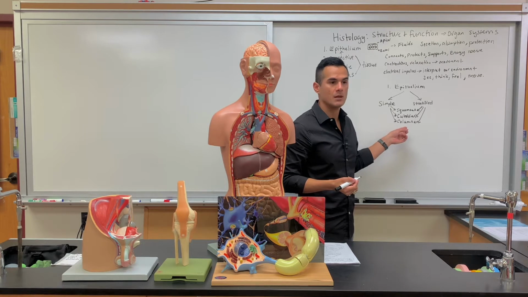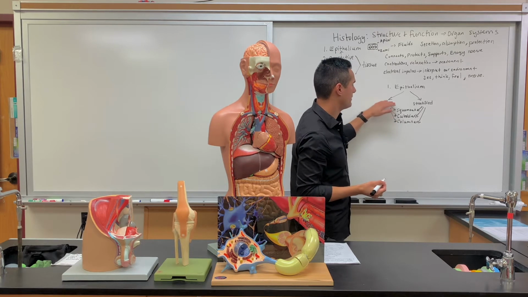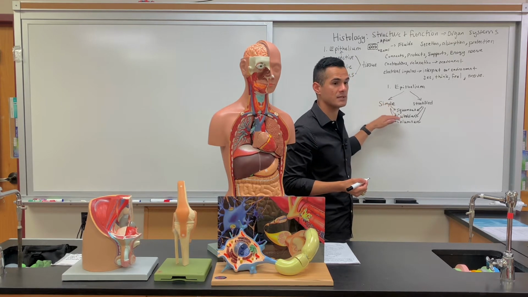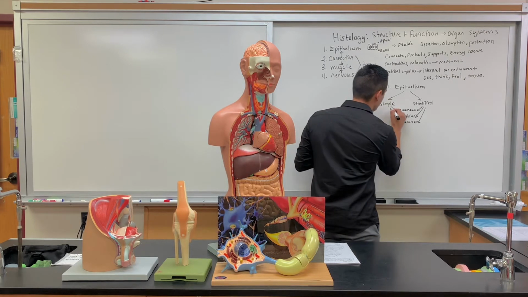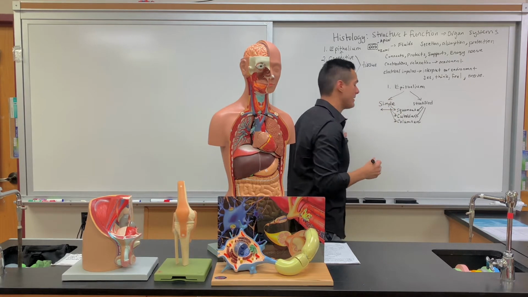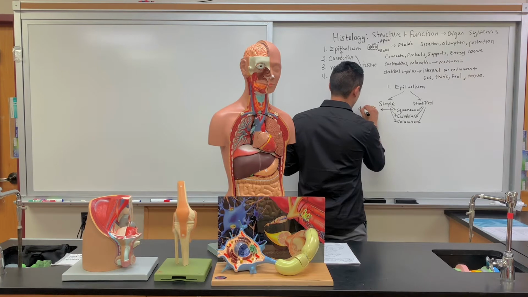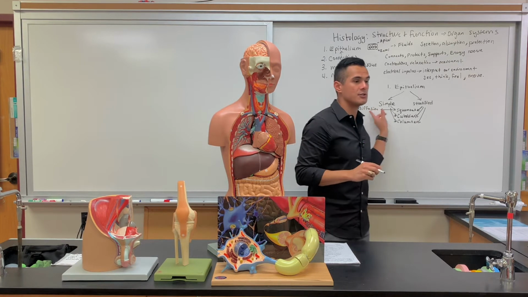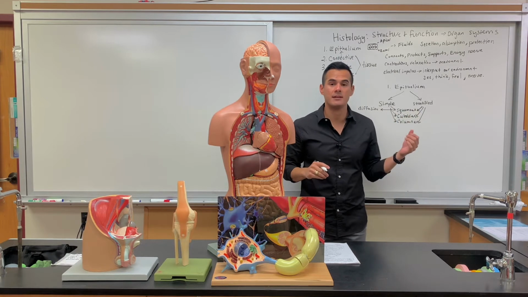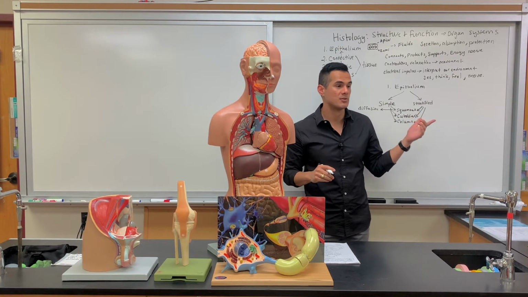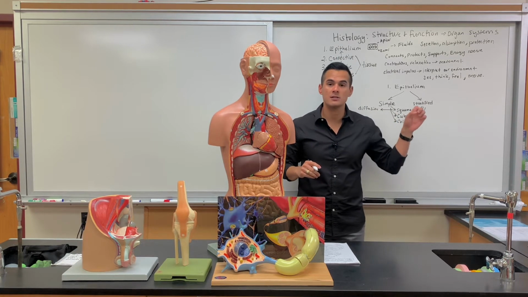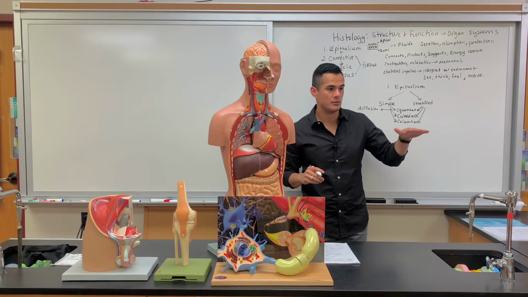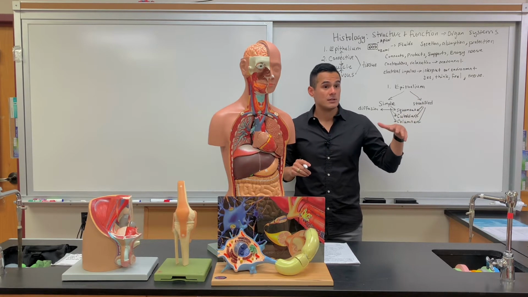Okay? But now let's think about the function of these different types. So for simple squamous, one of the main functions is diffusion. The first organ system that I think about is the respiratory system. Within the lungs, oxygen has to diffuse into the lungs.